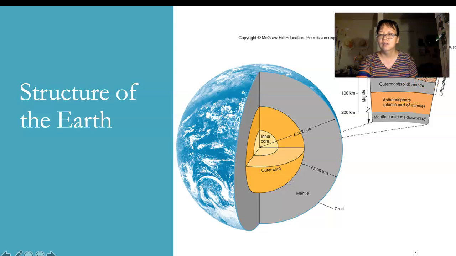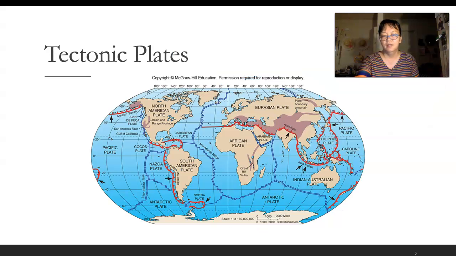The outer layer is very, very thin, and under it there's a solid mantle and a plastic kind of mantle. Because of the heat of the Earth's core, the plastic part of the mantle is flowing, and that is pretty cool because that causes the floating of the different plates on the surface of the Earth.